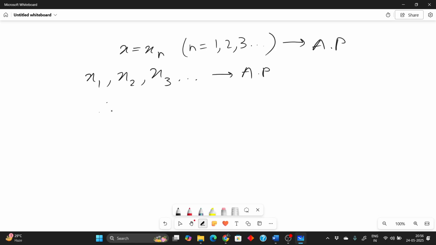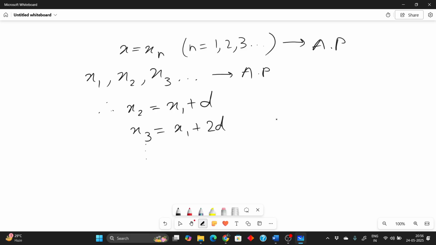And therefore, we can write x2 equals x1 plus d, and then x3 equals x1 plus 2d, and so on.